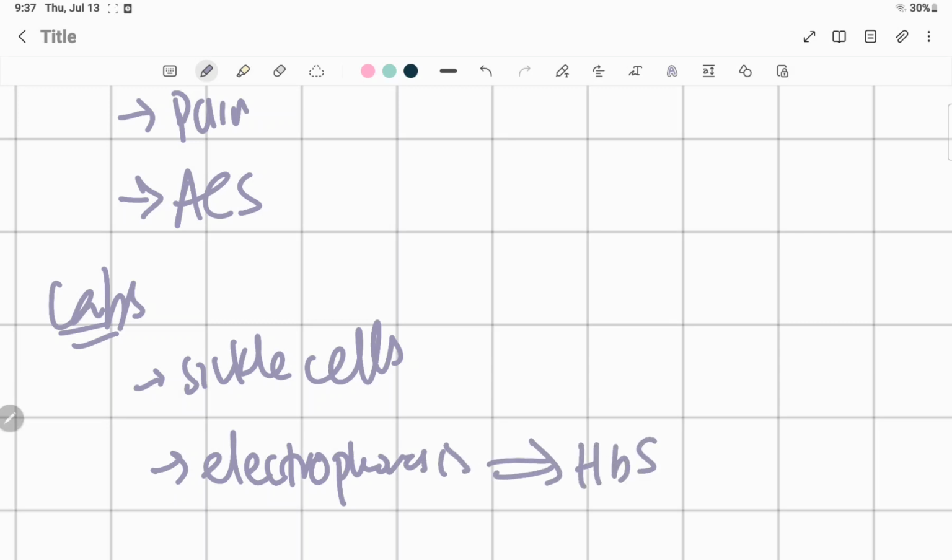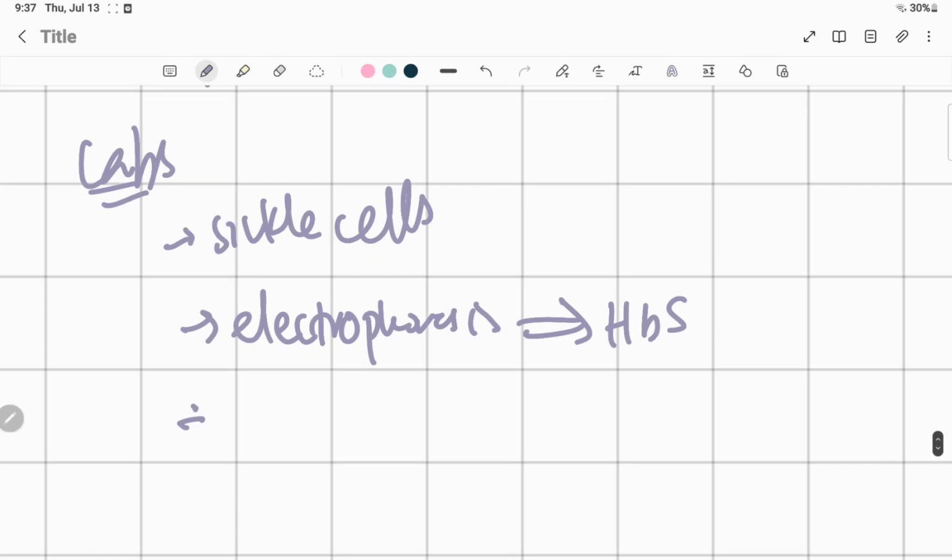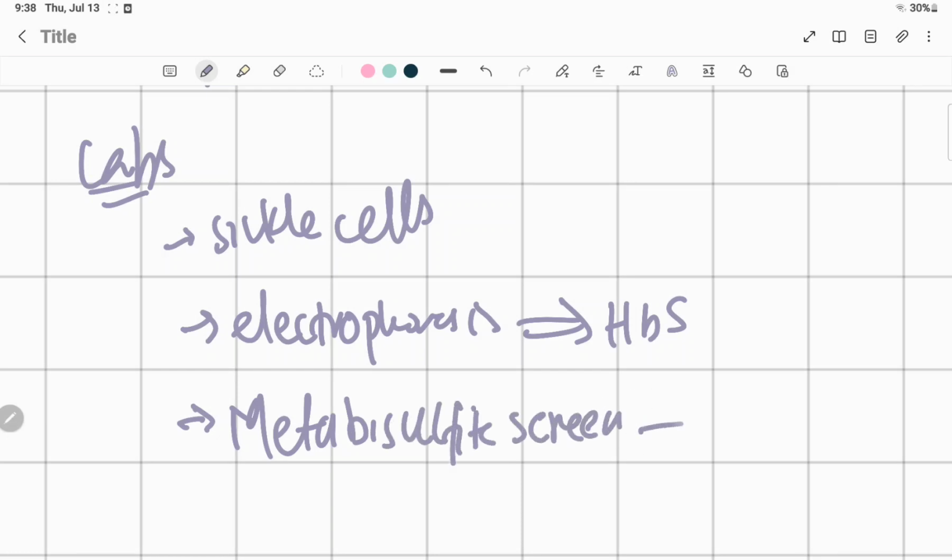You see HbS, right? And there is another test called the metabisulfite screen, and this actually sickles HbS. Okay, it sickles normal RBCs into sickle cells.